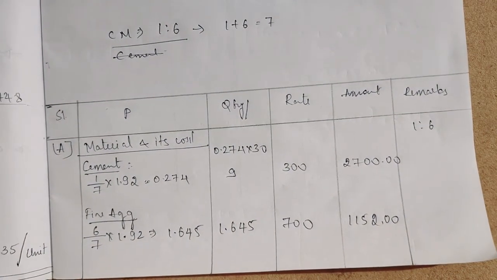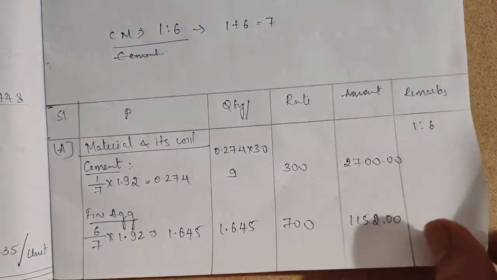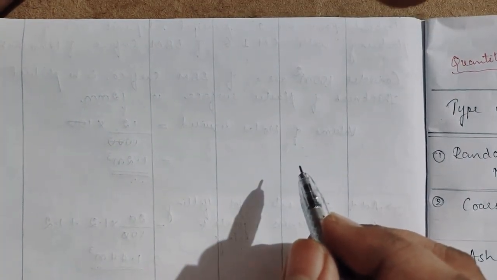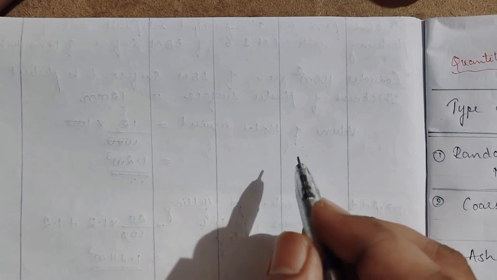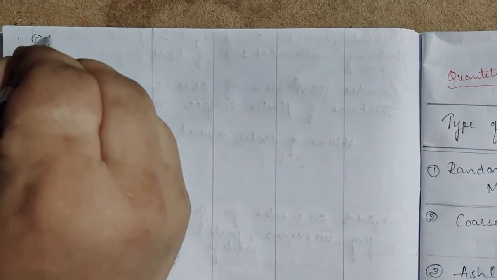So next cement, and we require fine aggregate. I'll do it in the next page. So we found cement and also we found fine aggregate. Now I'll do scaffolding.